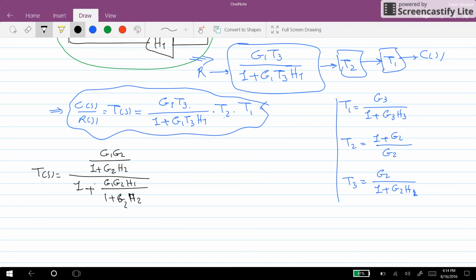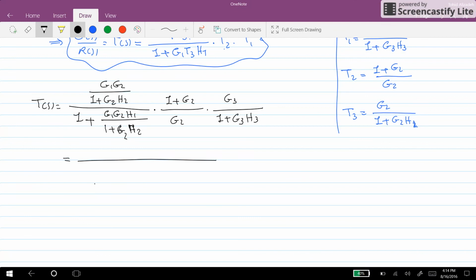Okay, and then we have T2, 1 plus G2 over G2, times T1, which is G3 divided by 1 plus G3 H3. And if we simplify it, we will get 1 plus G2 H2 plus G1 G2 H1 in the denominator, and G1 G2 times 1 plus G2 over G2 times G3 over 1 plus G3 H3.